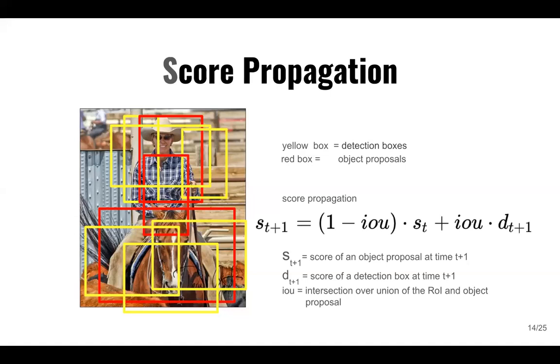This is the equation that we used to update the scores. It is 1 minus IOU times the score of those proposals, the previous score, plus IOU times the score of the detection box. And this score, basically we start with 0 initialization and keep on accumulating it as the detector is learning.